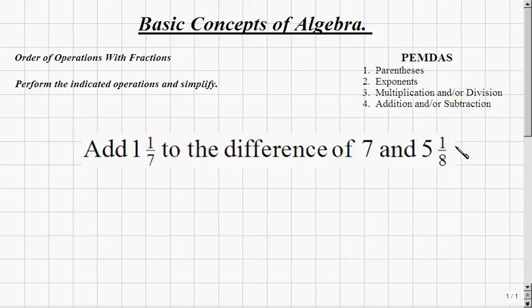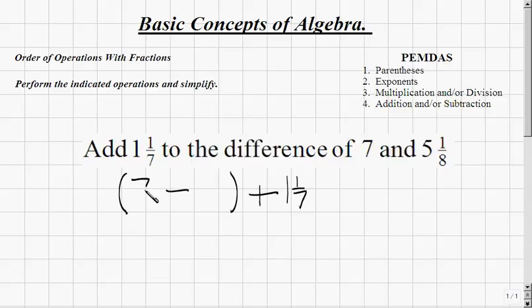Interpreting left to right, each and every word, the word add means that we'll be adding 1 and 1/7 to the difference of. The phrase difference of 7 and 5 and 1/8 suggests that we're going to first subtract, since the word difference means minus, two numbers.